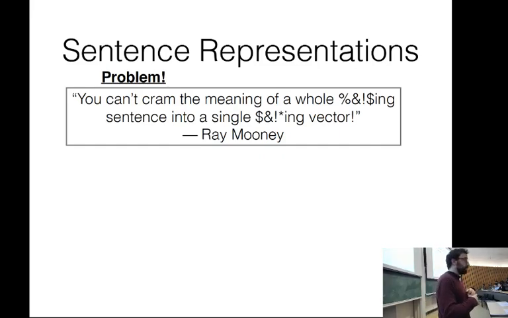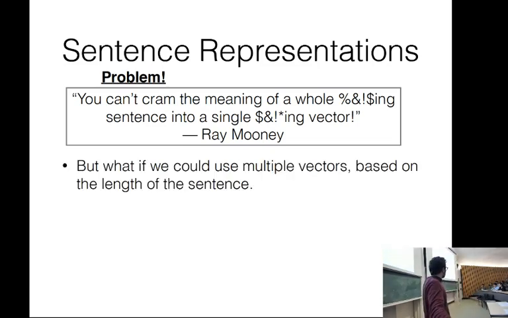Maybe it might be true for really short sentences, but language is very complex. You can have sentences of up to 100 or 80 words long. So a single vector, unless it's really, really big, to the point that it becomes computationally infeasible to deal with, is not doable. Or it's doable, it's just not the best that you can do.